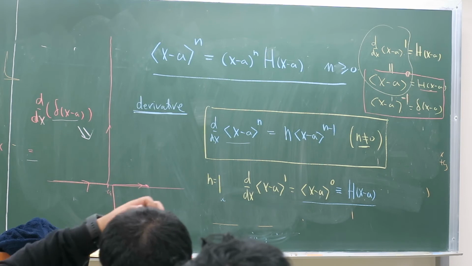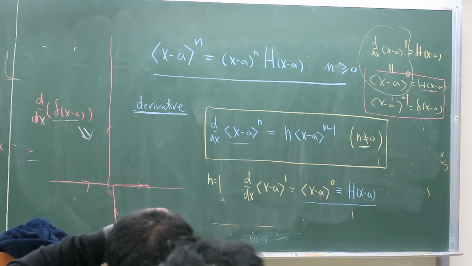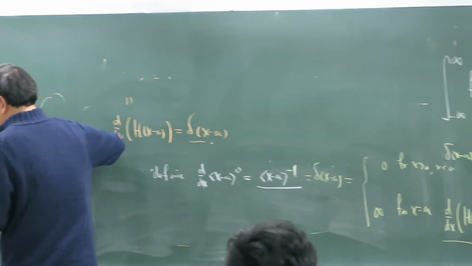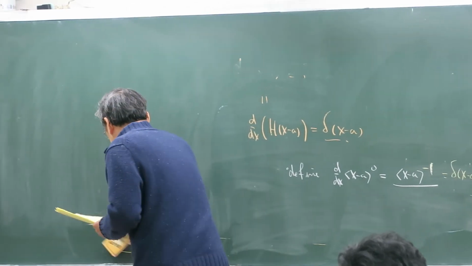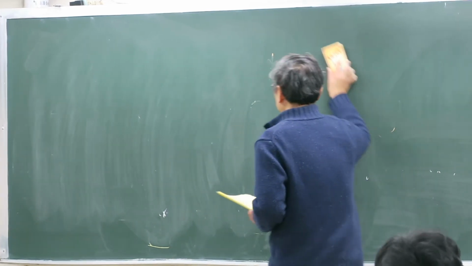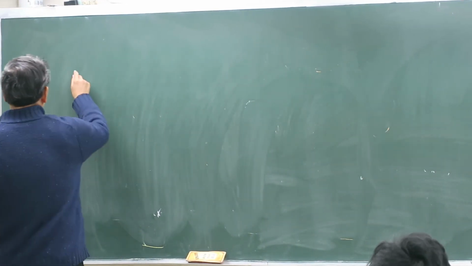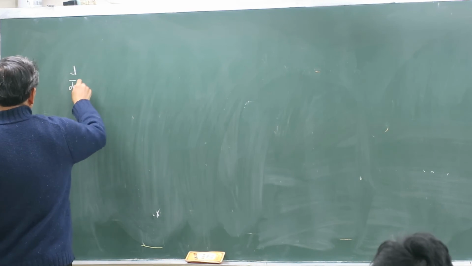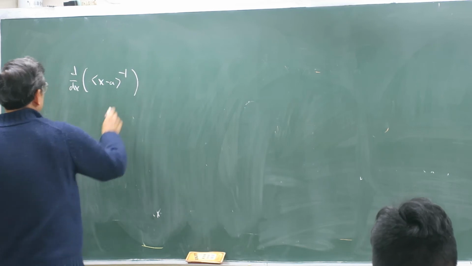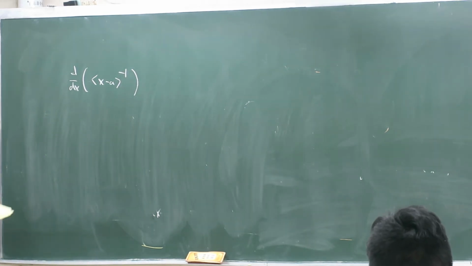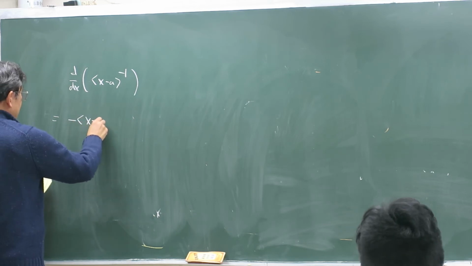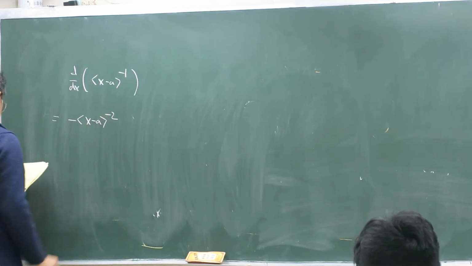Then with this formula, n can be anything but not 0. So let's try n equal to minus 1. d/dx of (x − a)^(−1) will be minus (x − a)^(−2).